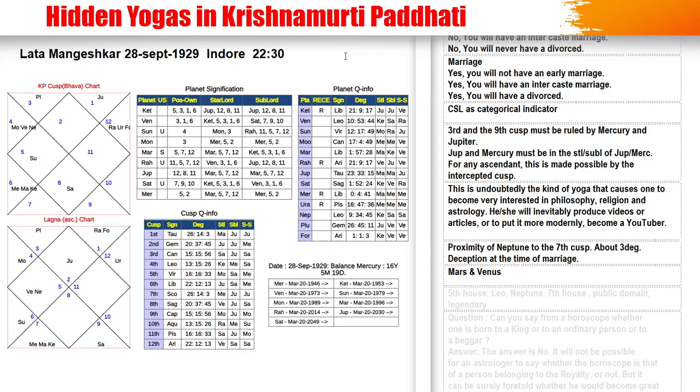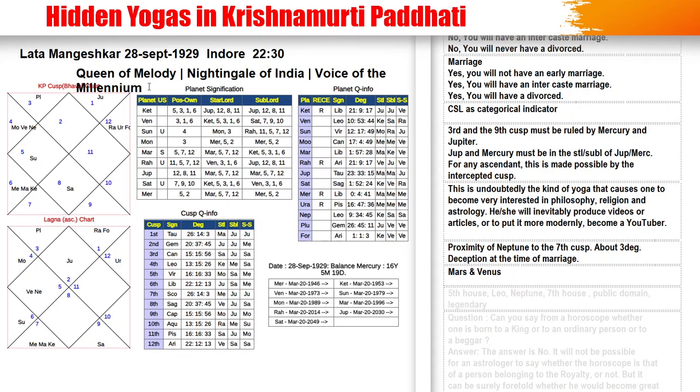If you look at Lataji's achievements, she has been given many titles. She is called the queen of melody, the Nightingale of India, the voice of the millennium. She is a legendary singer.